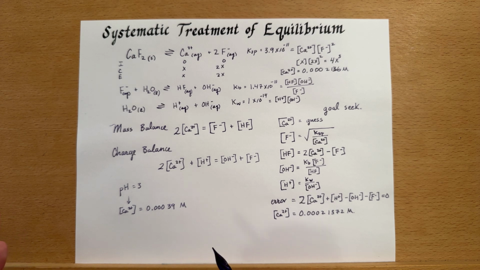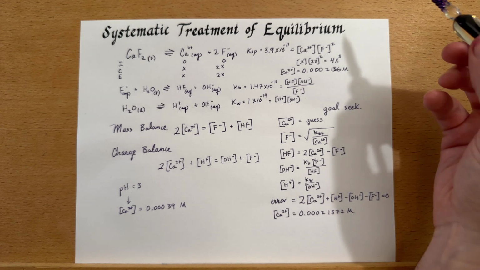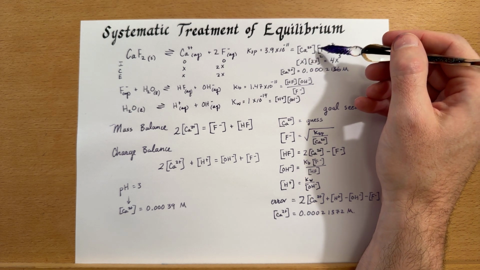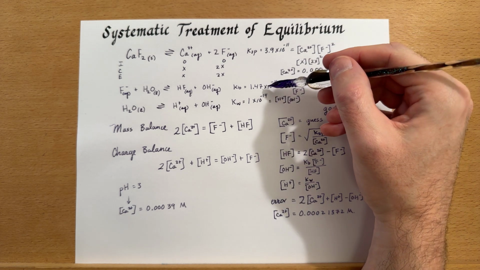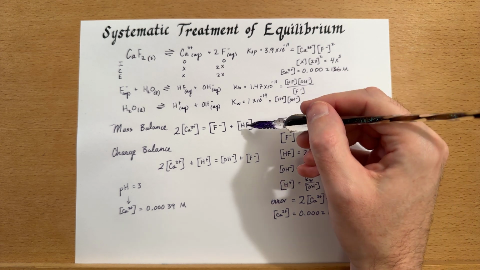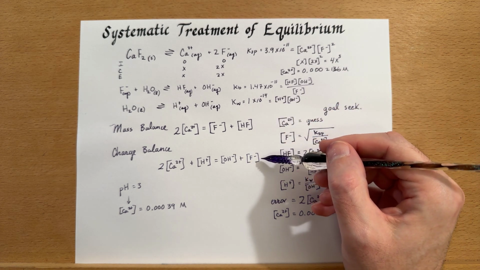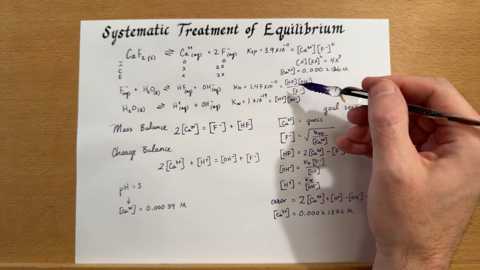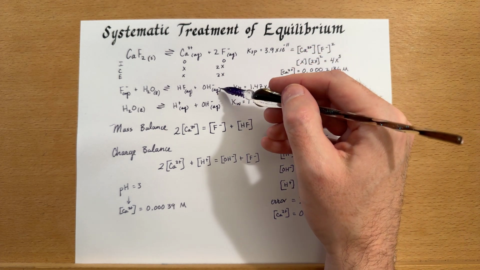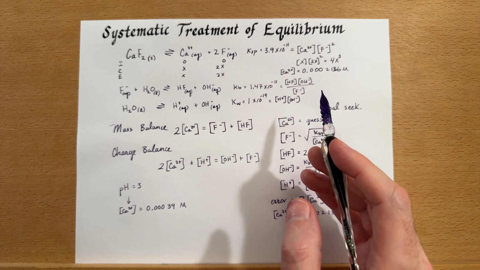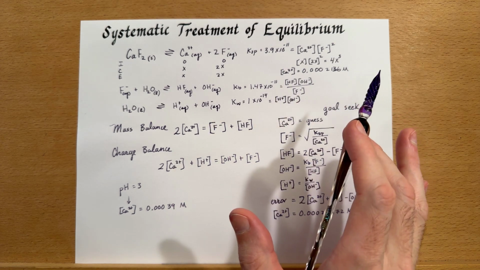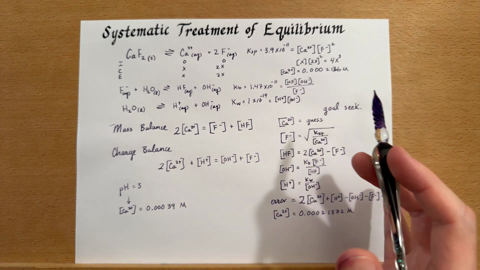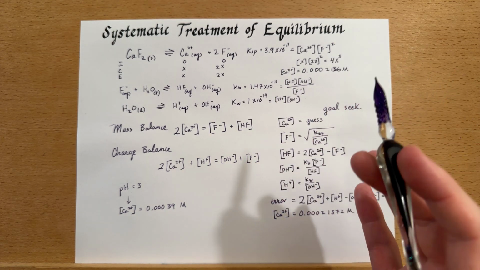So this is how to do a systematic treatment of equilibrium problem. The main feature of this is actually just writing out the KSP, the KBs, the KW, the mass balance, and the charge balance equations. All of the equilibrium equations for all of the reactions that are involved in the equilibrium, all of the Ks, KSP, Ka, KW, whatever.